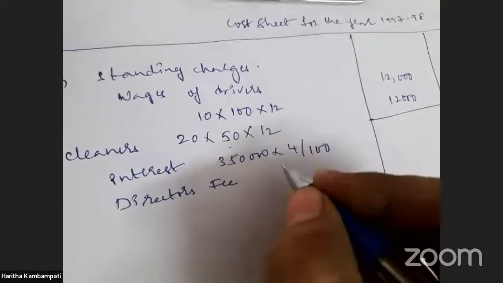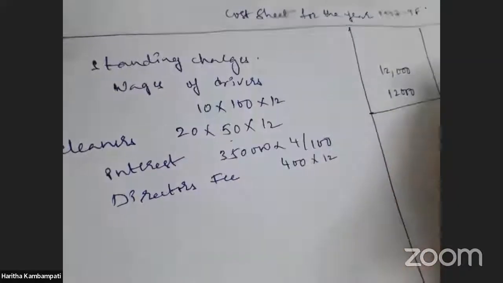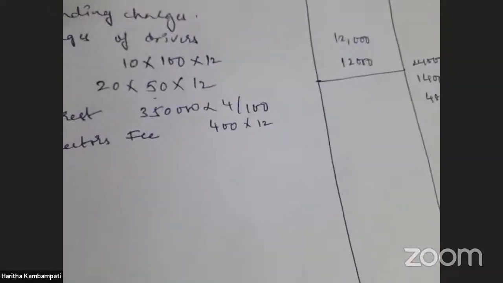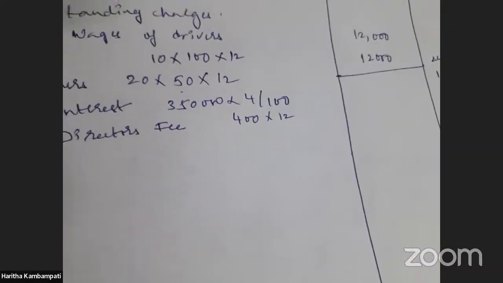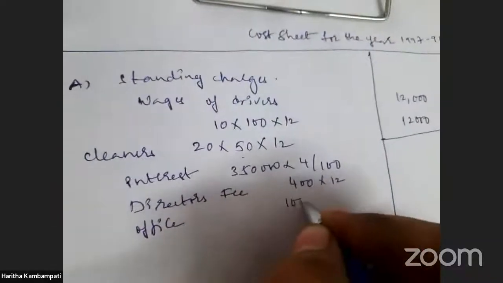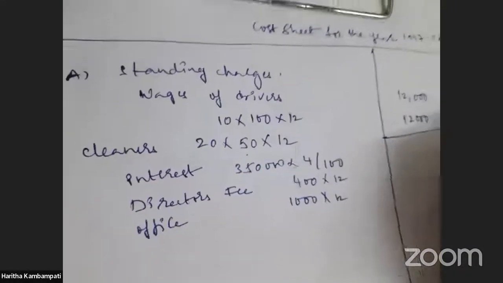Director's fee, they have given on a monthly basis. So we are converting for the whole year. That's why we are multiplying with 12. Office charges 1,000. Again we are converting for annum.